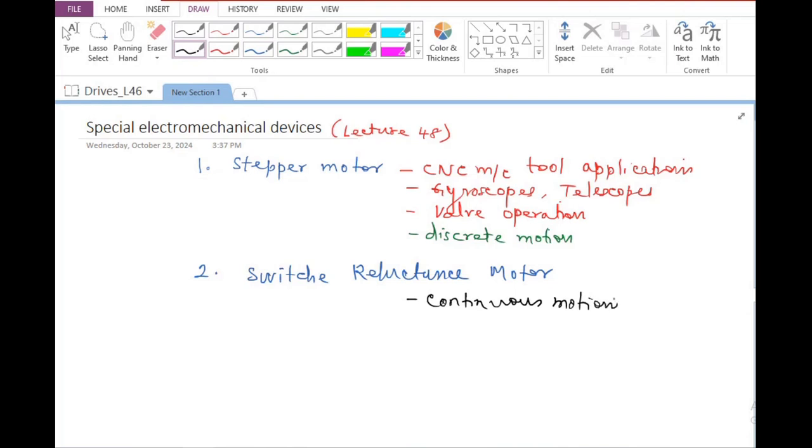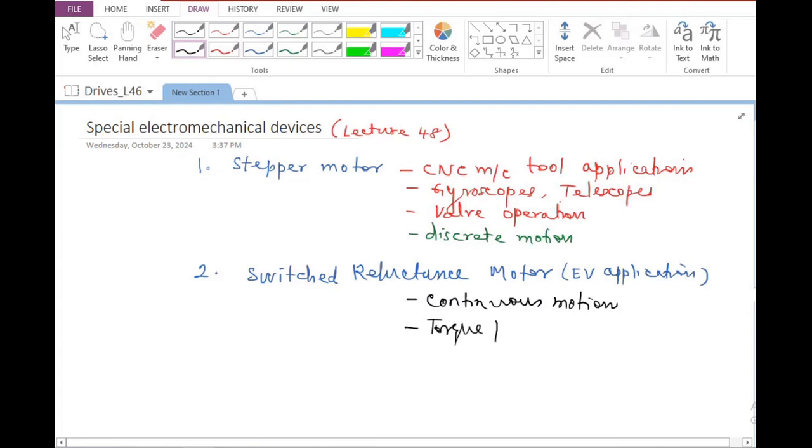And incidentally, switch reluctance motors have been extensively researched for electric vehicle applications. But the only problem found with the switch reluctance motor is that there is a huge amount of torque pulsation.